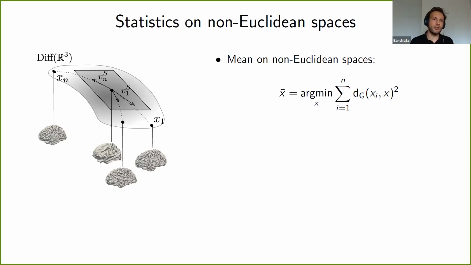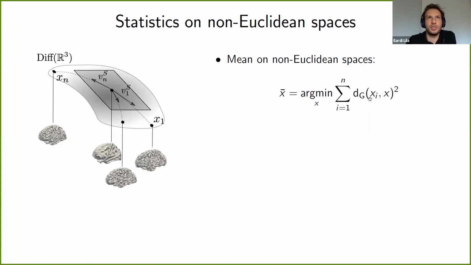So how do you define the mean instead? Well, you have to add some structure to this geometry. You have to define a geodesic distance, which is a distance that is measured while you are constrained to stay in this space. So the distance between xn here and x1 is not the straight line. The geodesic distance is not the straight line, but the line that follows the surface. And once you define a geodesic distance, which I call dg, you can measure the distance in a sensible way between pairs of objects.